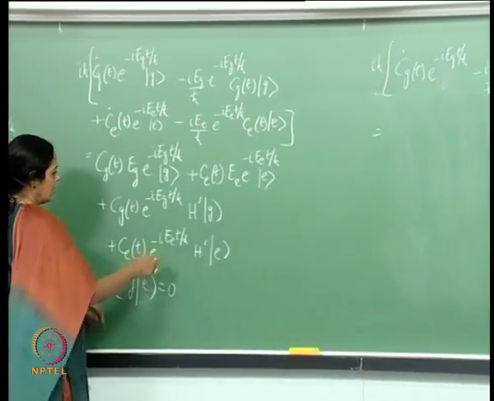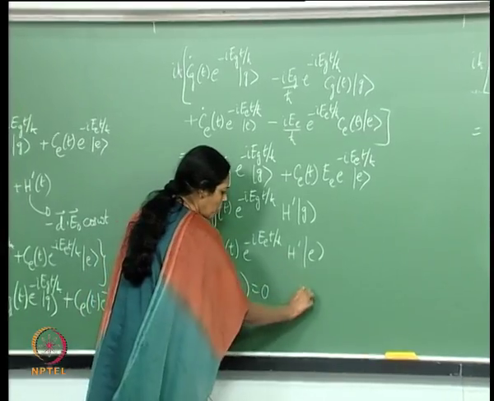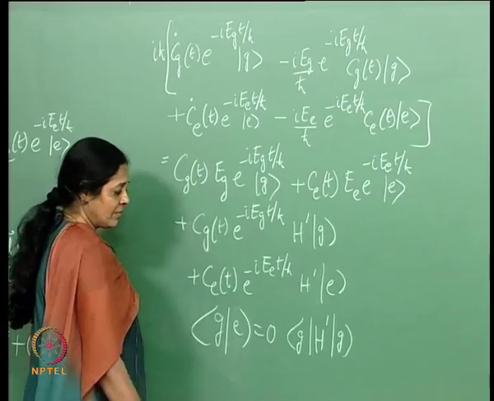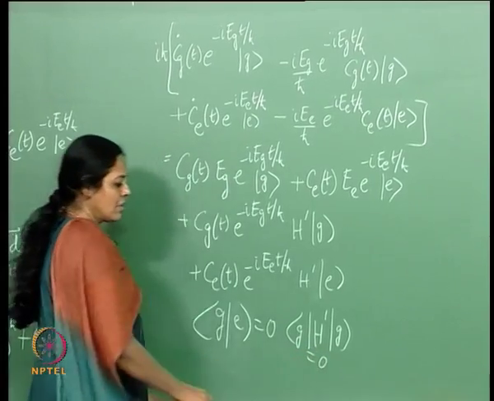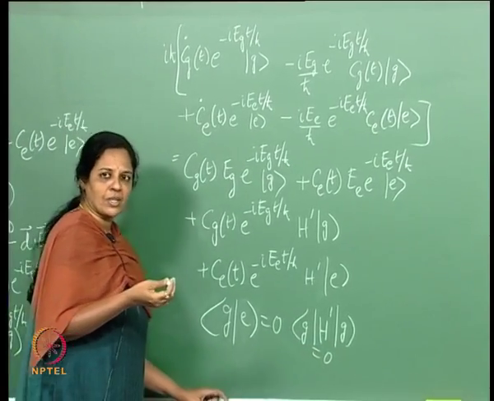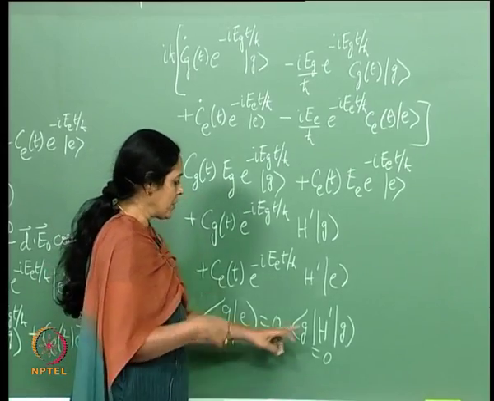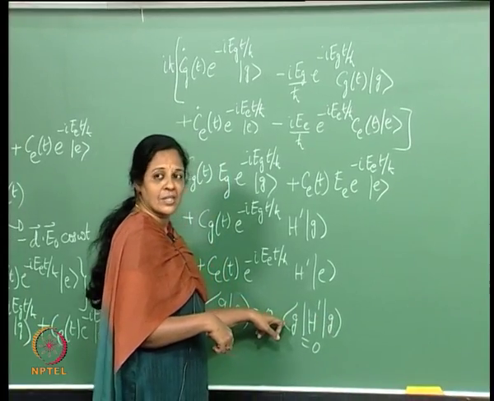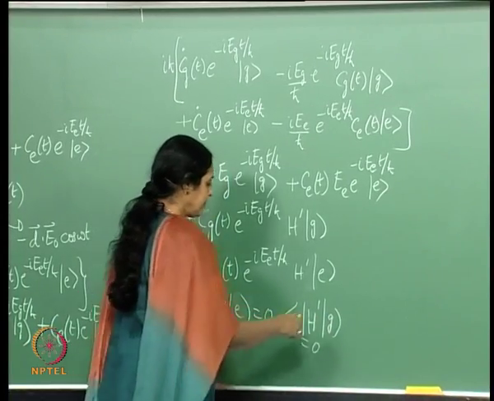Here it is the matrix element of H prime, but this will be 0 because you will recall from our discussion, even in the case of the Stark effect, that the dipole operator cannot connect states of the same parity.